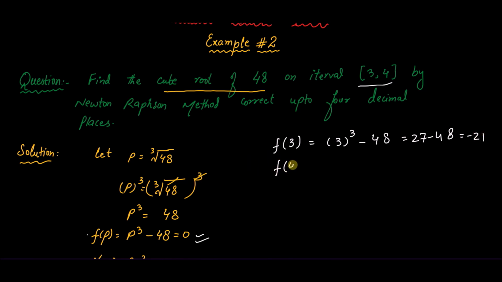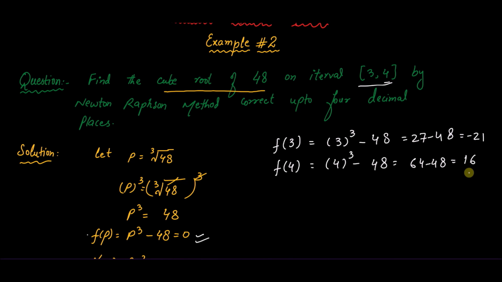Now I substitute my next point, 4, into the function. That is 4 cubed minus 48, which equals 64 minus 48, and the answer is 16. So by putting 3 we get a negative value, and by putting 4 we get a positive value, 16. So it means that our root lies in that interval.